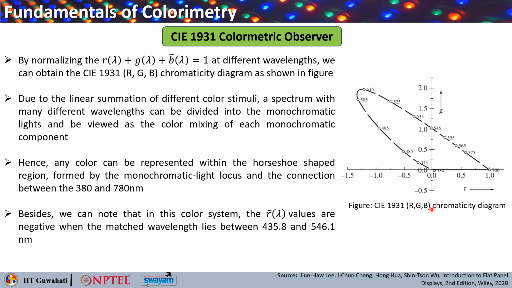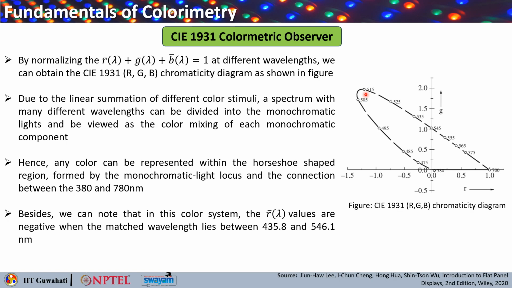Besides, you can also note that in this particular color system, the R bar lambda values are negative. So, you can actually have these values be negative. They are matched when your wavelength lies from around 435.8 nanometer till around 546.1 nanometer.